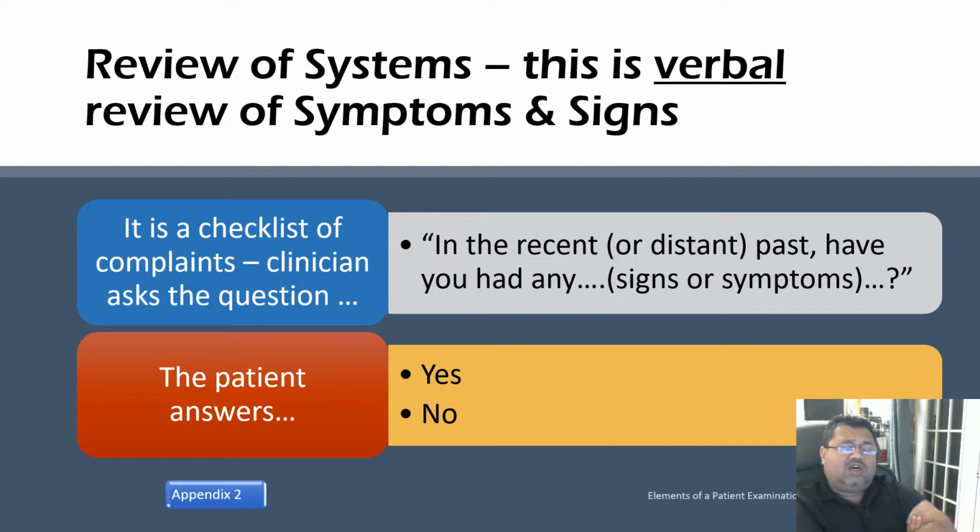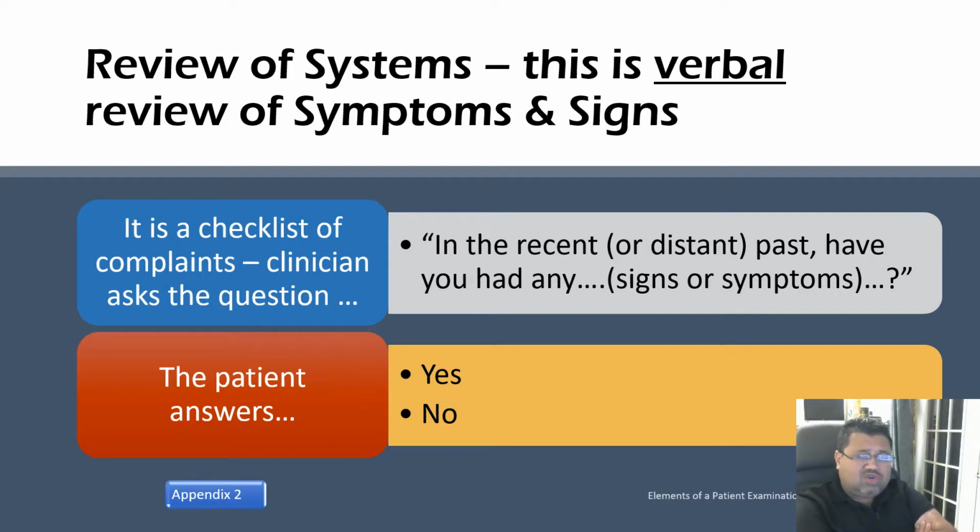Finally, the component of history called the review of systems. A review of systems is a verbal review of the symptoms and signs if the patient knows of any. So, what is a verbal review? Verbal review basically is a checklist of complaints.